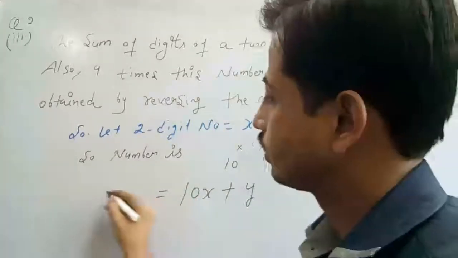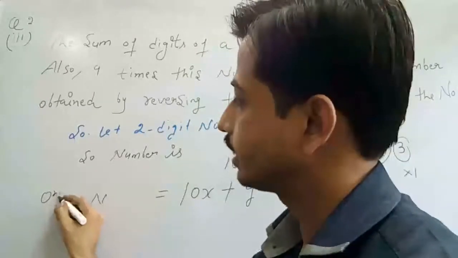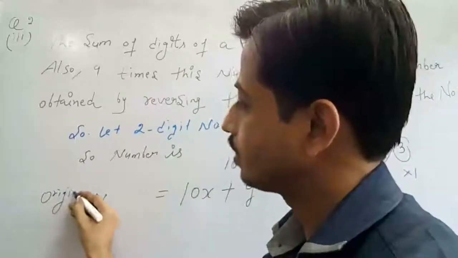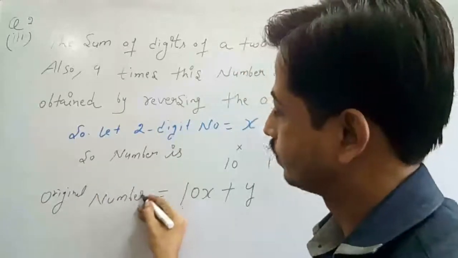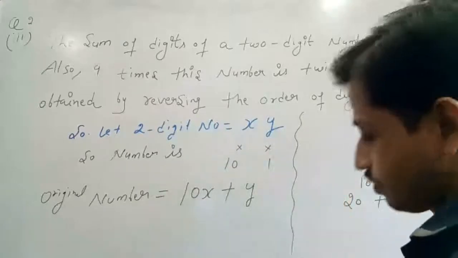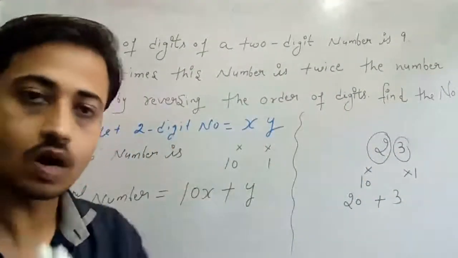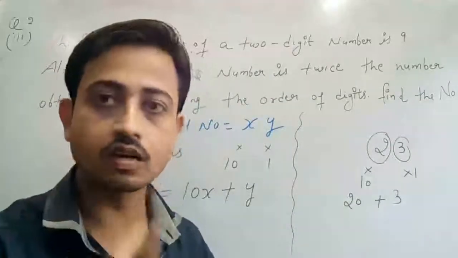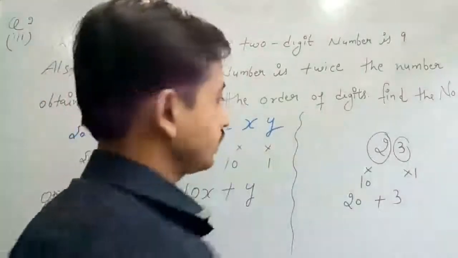This is our number, the original number, because in this question we have to reverse the digits. I am leaving this part, so please make a note first. I hope you noted that.